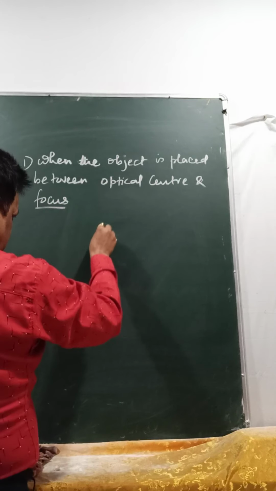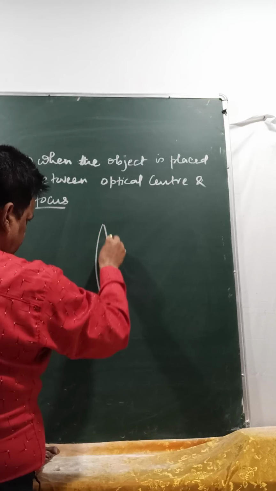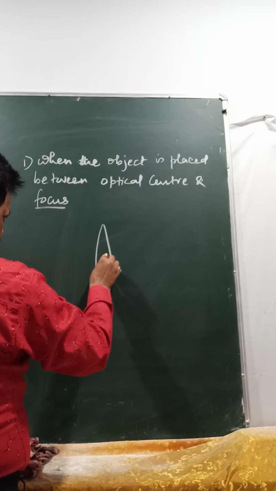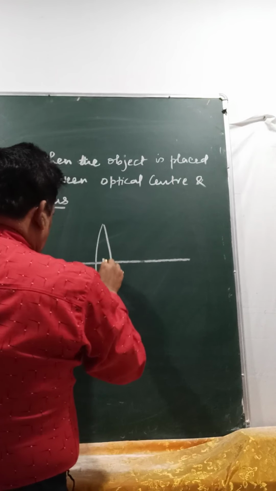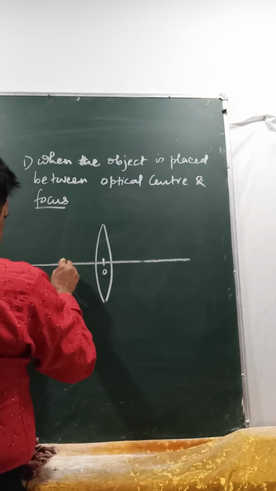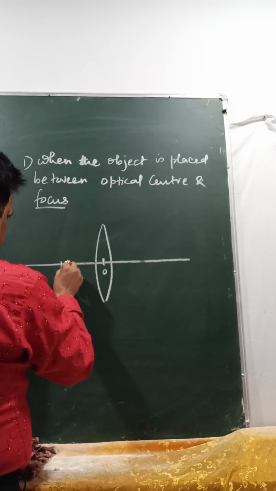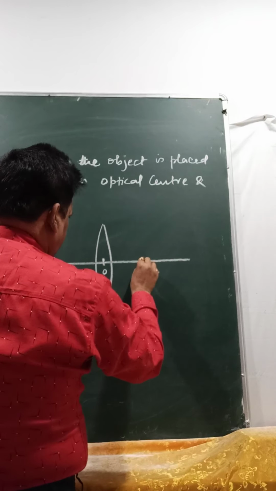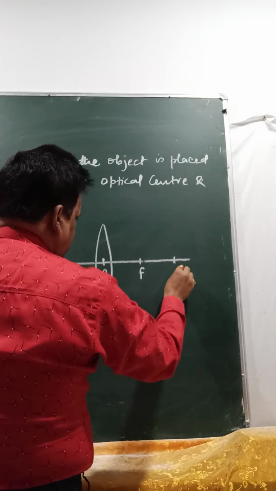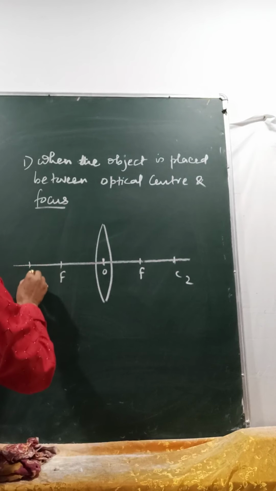Okay, let's see here. This is F. This distance should be same. This is center 2, center 1.